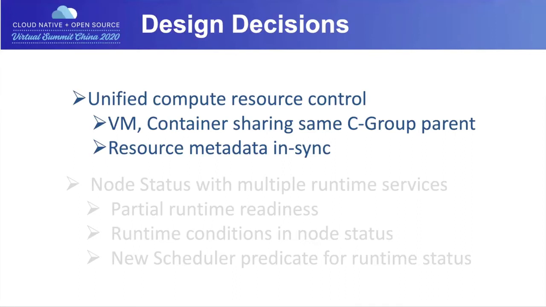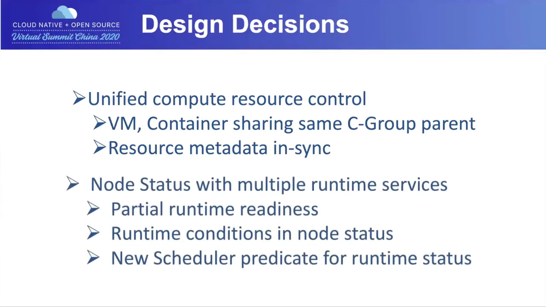For VMs, there are 3 sets of metadata in terms of resource control. The first one is the cgroup metadata, which is the cgroup files and controls. The second one is the runtime metadata. And the third one is the libvirt VM domain definition. The Octus VM runtime service keeps them synchronized by checking them each time the VM status is reported.